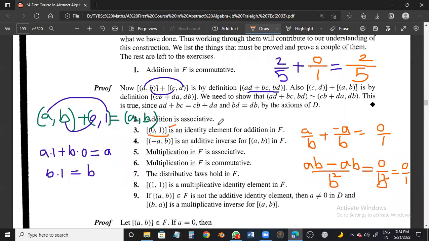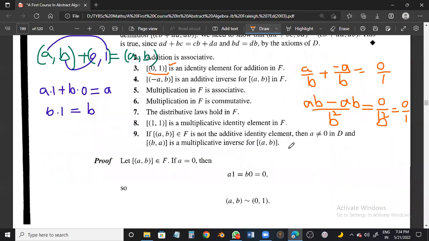When do you say two elements are equivalent? I got the answer as 0 comma B square. I want to check whether it is equivalent to 0 comma 1 or not. How do I do so? The same technique: I multiply the first entry to the last entry, 0 into 1.